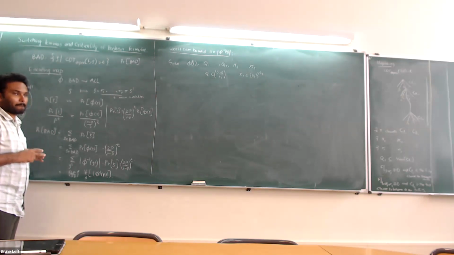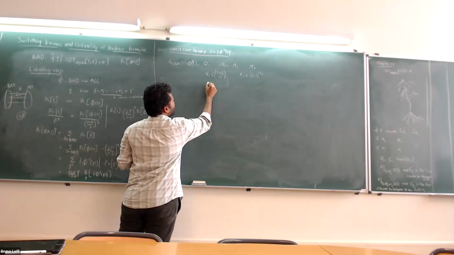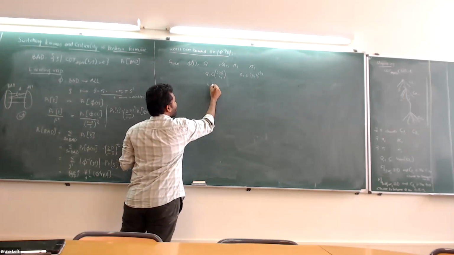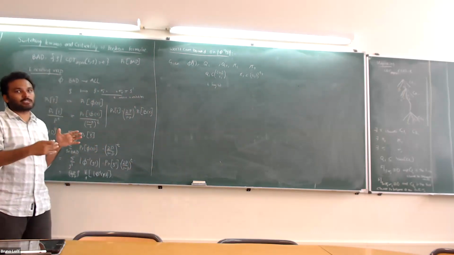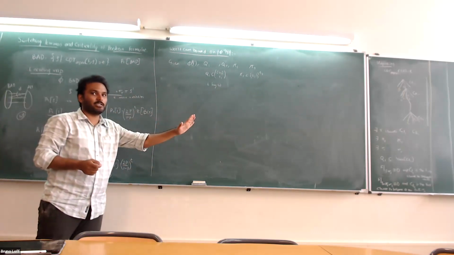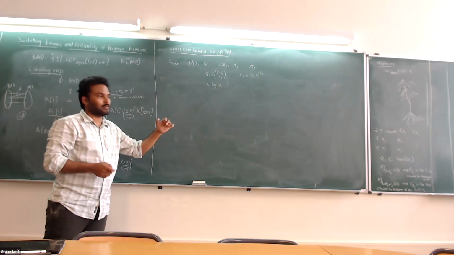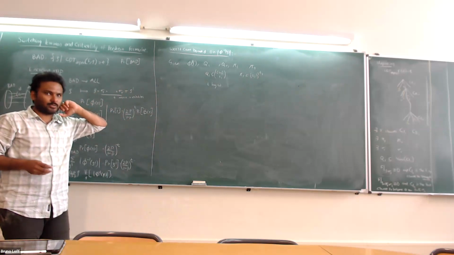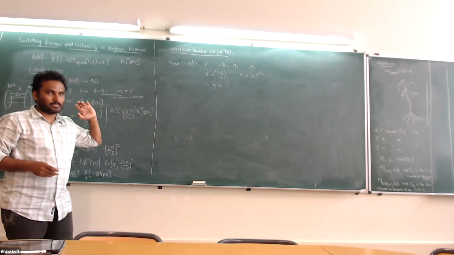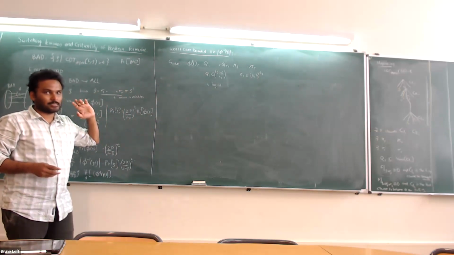Isn't that what you're doing by encoding this? Right. You can just say T log W bits. By specifying T log W bits, you would have specified these Q1 to Qr.